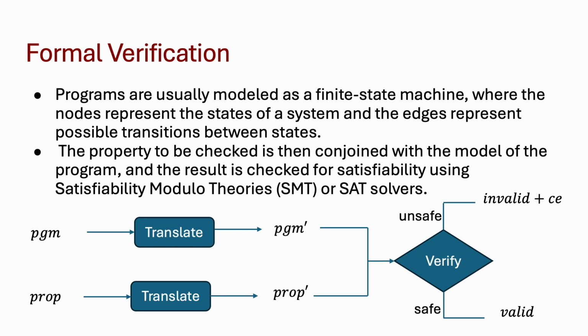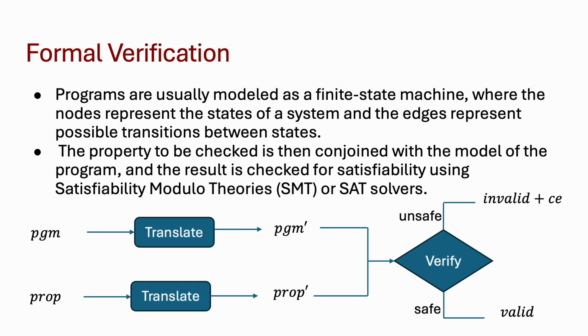Really, the idea here, when we talk about formal verification, it's one of those techniques that tries to model the program as a finite state machine that allows us to then reason about some properties and prove or disprove them.